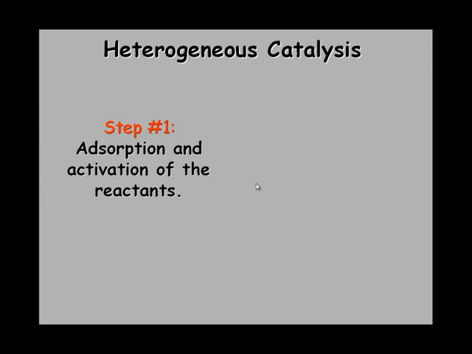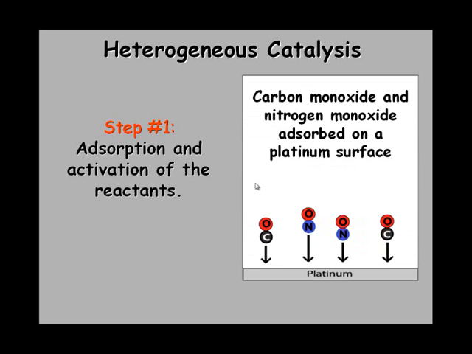Now, a heterogeneous catalyst, one example of how it would work, and this particular reaction involves carbon monoxide and nitrogen monoxide. The reactants absorb onto a surface, so platinum would be the catalyst, and platinum is going to come out of the reaction as platinum, but what it does is it provides a surface on which the reaction can actually take place.